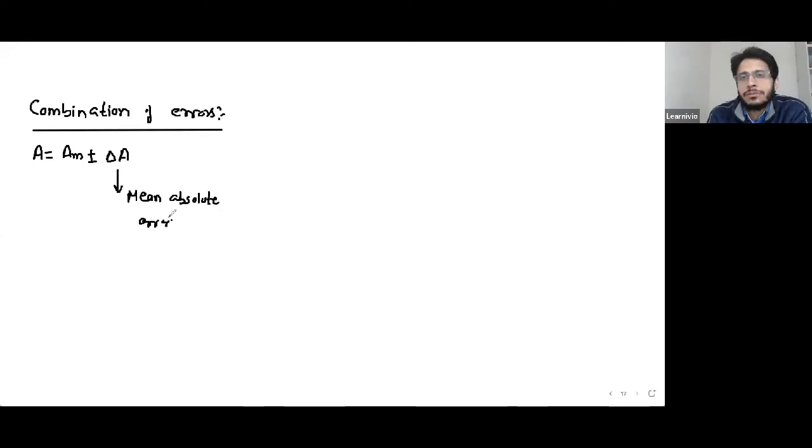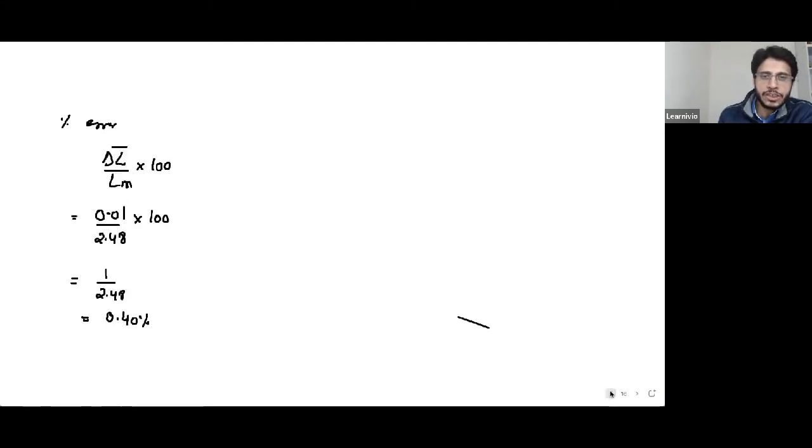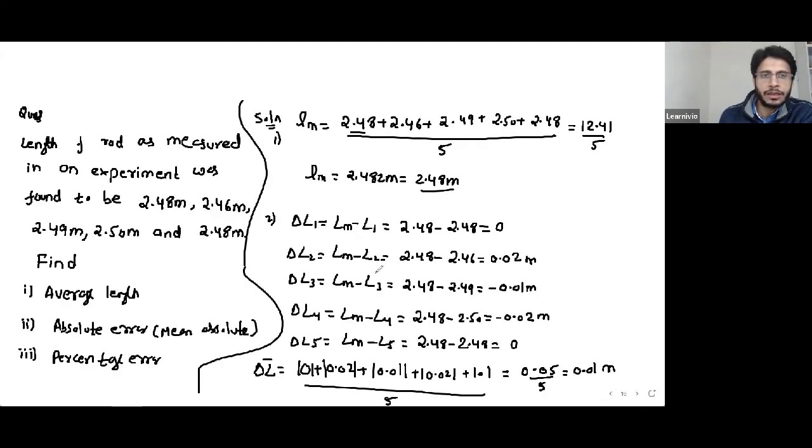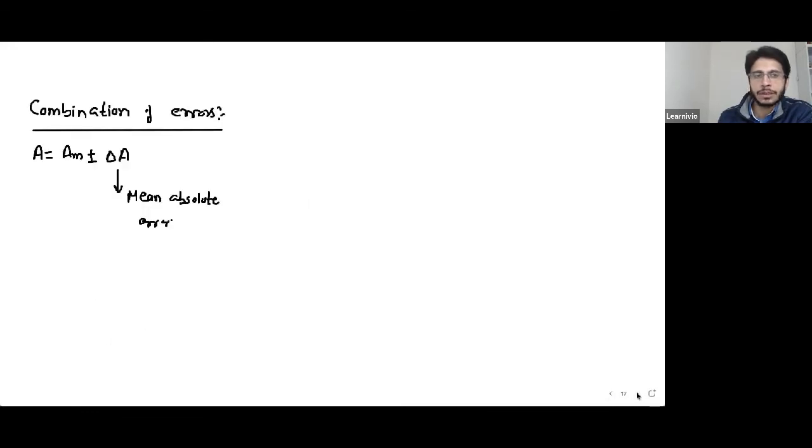Even in numericals, if it is given that the absolute error is something, that means the mean absolute error is given, because the absolute error in each measurement is different. But if one absolute error is given for the entire measurement, that means the mean absolute error is given.